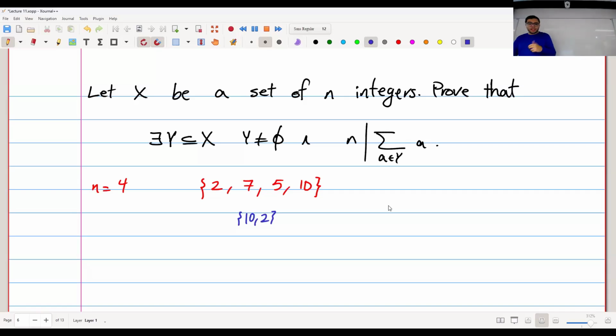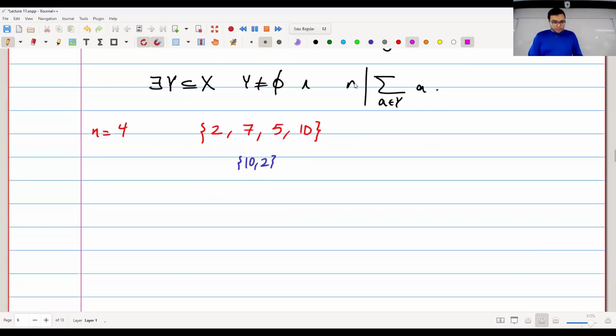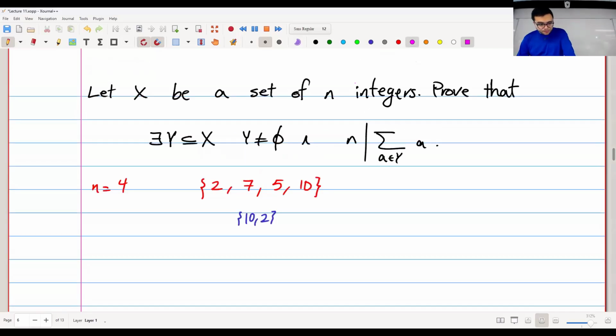Okay, let's see what we can get. Let's just do some attempt at this. So let's say this is our first attempt. Let's say my holes are the different remainders modulo n. So my holes are just going to be 0, 1 to n minus 1.